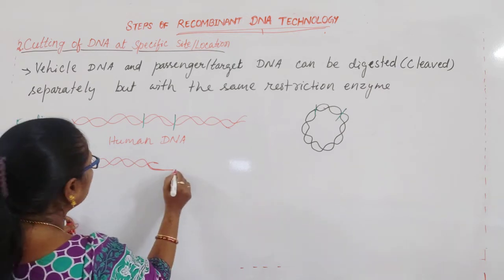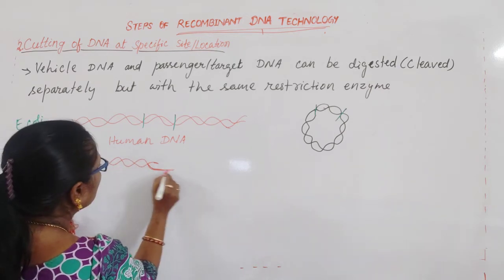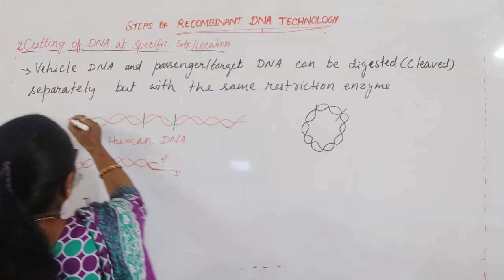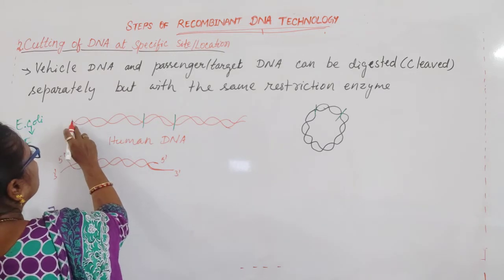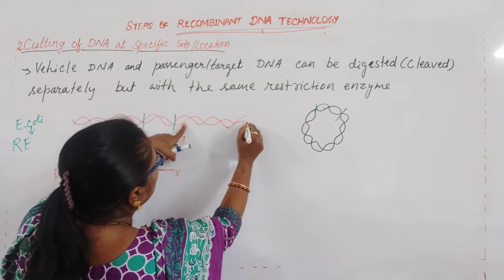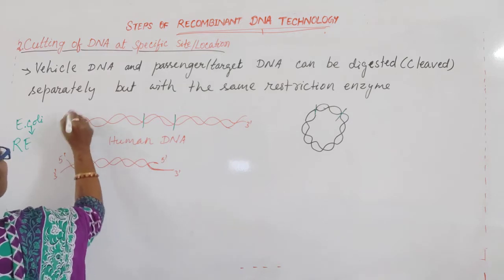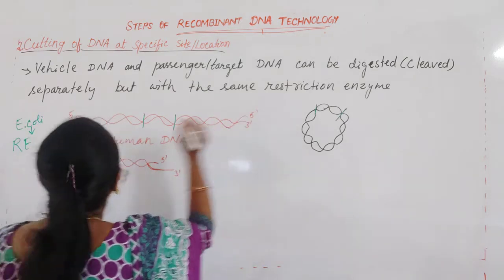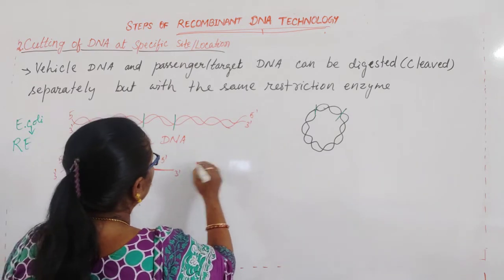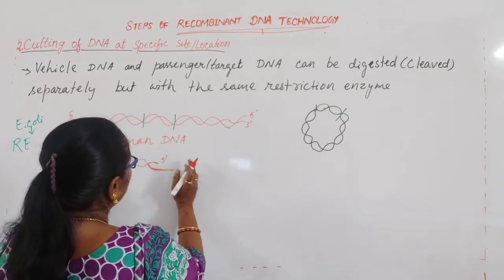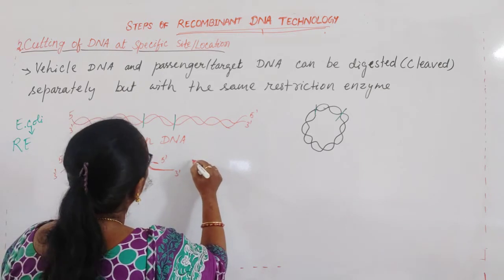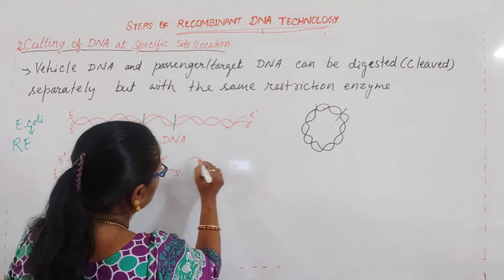Suppose this is 5 prime to 3 prime. It was like this. So here one piece is cut and we need this one.